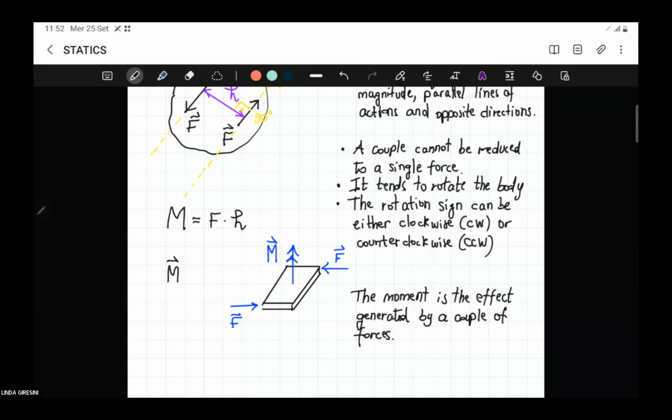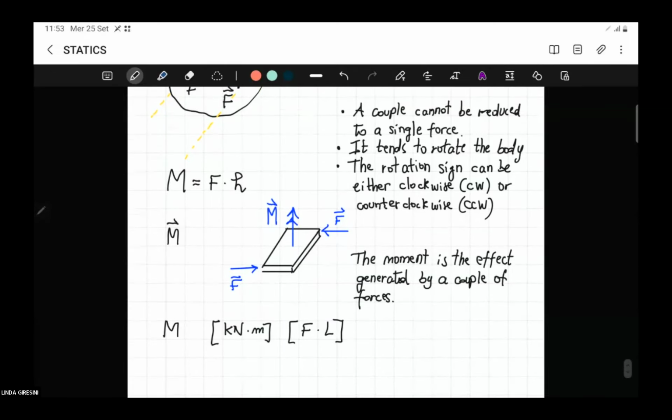Meter, exactly, your friend says that the moment has a measure of, for example, kilonewton meter. In general, we can say that the unit is a force times a length. By definition, because it's written here, so you don't have to discover anything. It's written that a moment is the force times the distance. So these are the units.